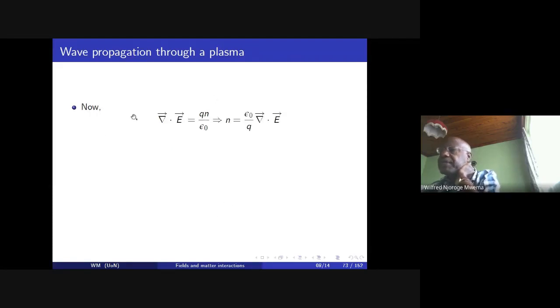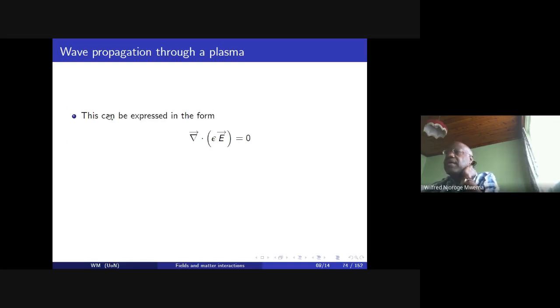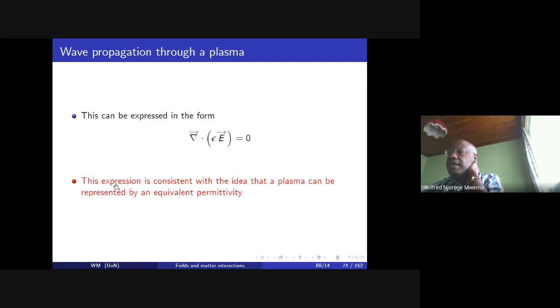Now the divergence of E is given by qn by epsilon naught, and therefore n can be given in terms of the divergence of E, and we put all those values in and get an equation where the divergence of E multiplied by that is equal to 0. This can be expressed as the divergence of epsilon multiplied by E equal to 0. This expression is consistent with the idea that the plasma can be represented by an equivalent permittivity.